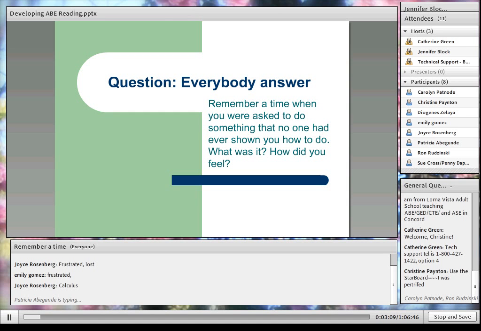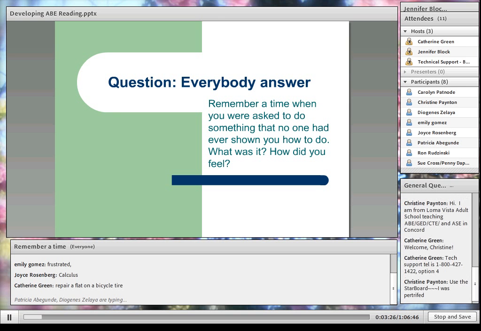Calculus, yeah. Very good. I can remember myself looking at a new recipe as a young cook and going, I don't even know what braising is. How do you do that? What does it look like?